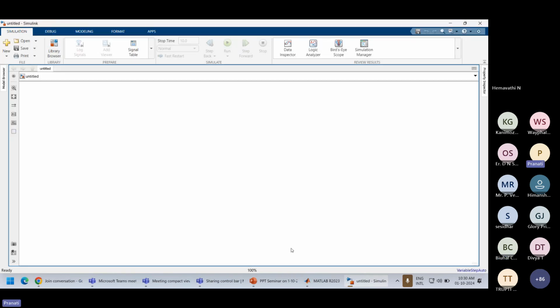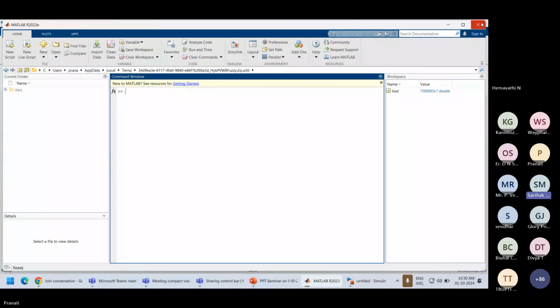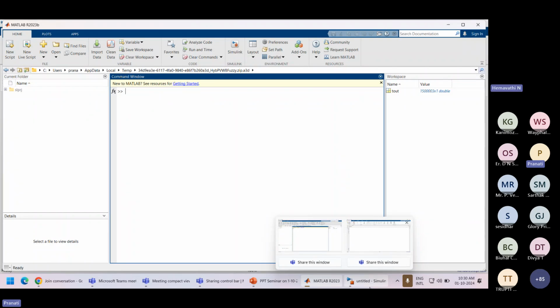Ma'am, in these discrete time simulations, how do you set the sample time for the inner current control loop and the outer voltage control loop? Depending on the switching frequency, we need to set it. The inner control loop should work very fast, and the outer control loop should work after the inner control loop has worked.